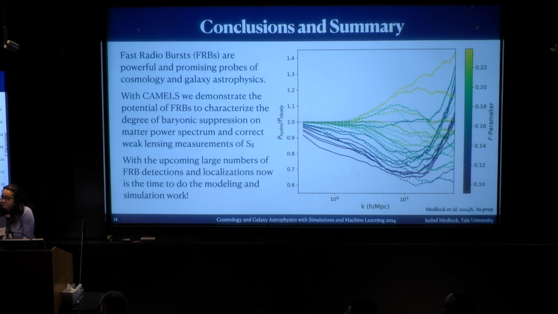Like you, I'm very excited about FRBs. The McQuinn relation you were showing, right? I mean, that assumes that you have a perfect subtraction of the other contributions, right? Yes. So how concerned are you about, say, things like the intrinsic host dispersion measure having very large scatter, which we think it might? That's a project that I'm working on currently.